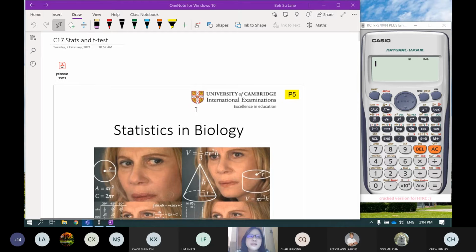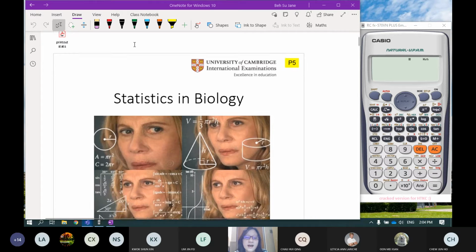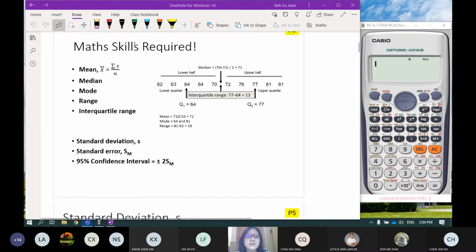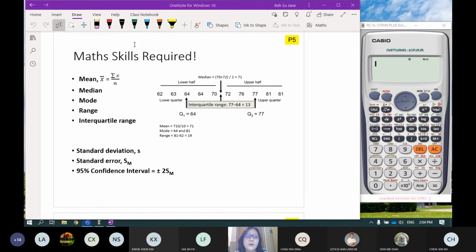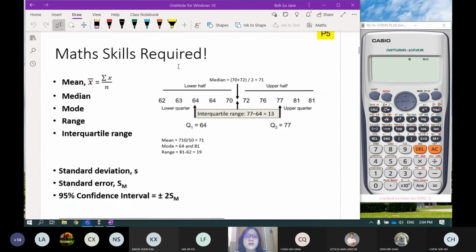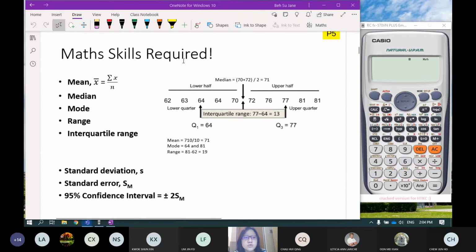Okay, so when I say stats and t-tests, which is this particular part, what I mean is there is standard deviation, standard error, and different math skills that you need to know how to calculate. So this is a list of math skills required. I am not going to go through mean, median, mode, range and the quartile range.